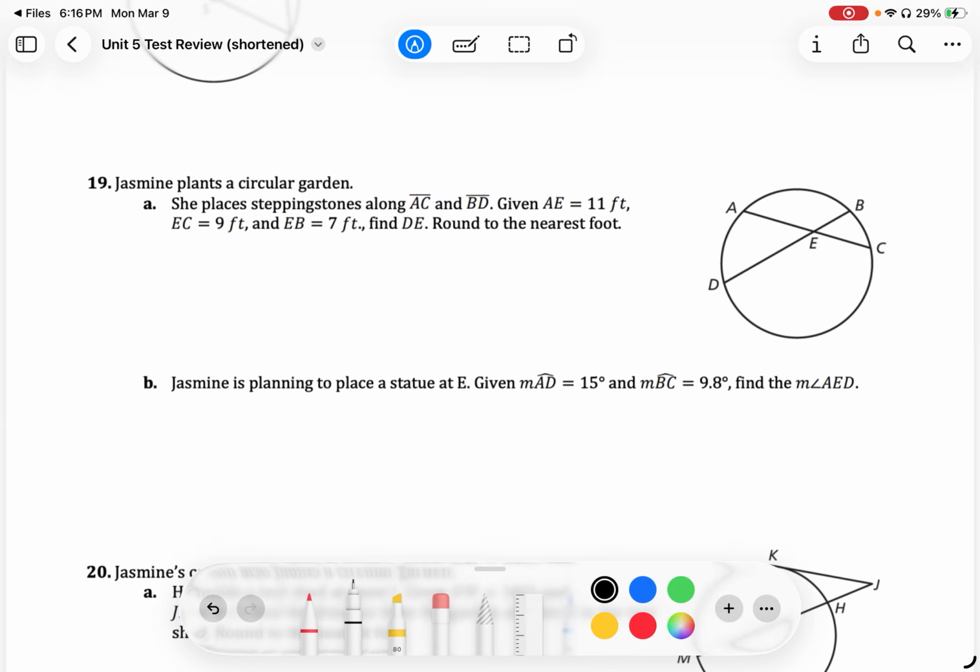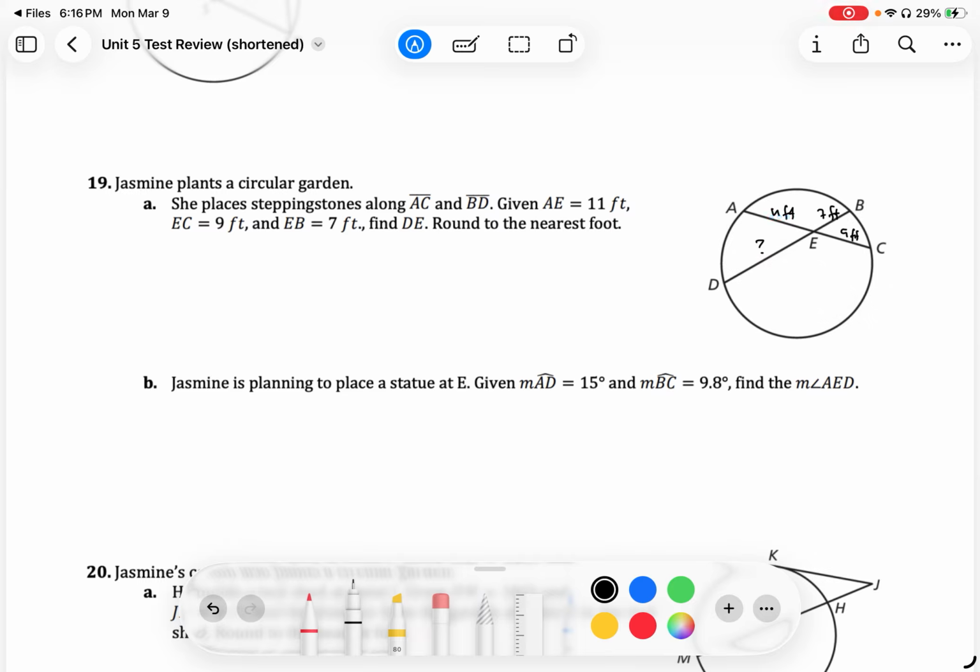So 19, Jasmine plants a circular garden. She places stepping stones along line segment AC and BD, giving AE is 11 feet, EC is 9 feet, EB is 7 feet, find DE.